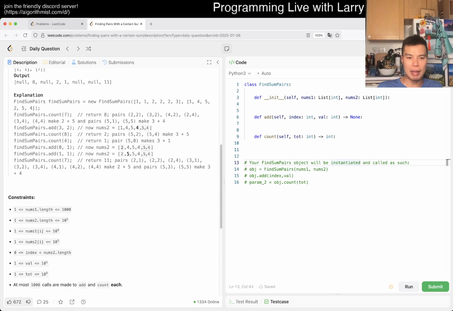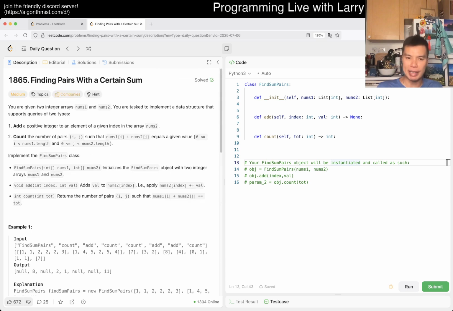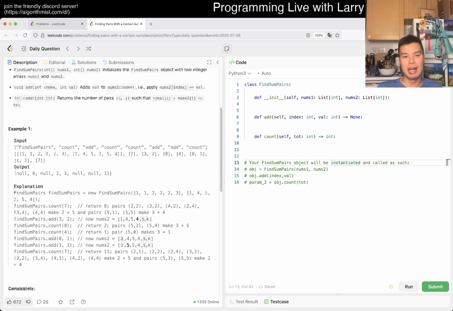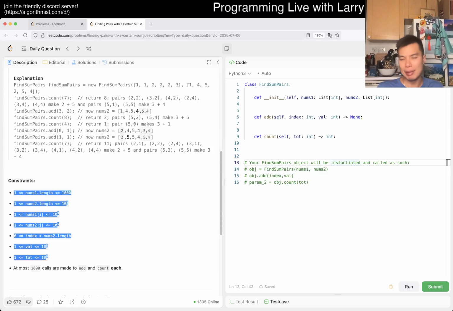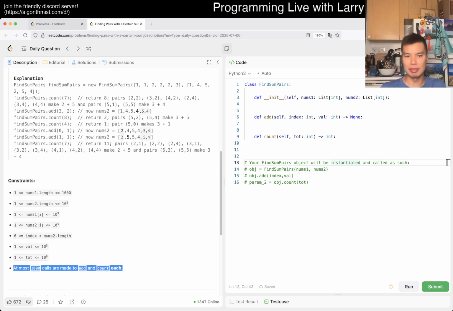My first intuition is just to think about the best way to do it, but maybe I should have looked at the constraints a little bit quicker. You can see that n1 and n2 are asymmetric in terms of length, right? So n1 is much smaller, and we should figure out how to take advantage of it. The length of nums2 is 10 to the 5th, that's big. The number range means there's nothing substantial. But the key thing is that there are only 1,000 calls to count and add, at most, right?